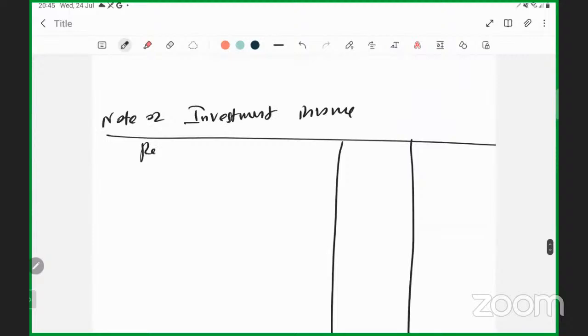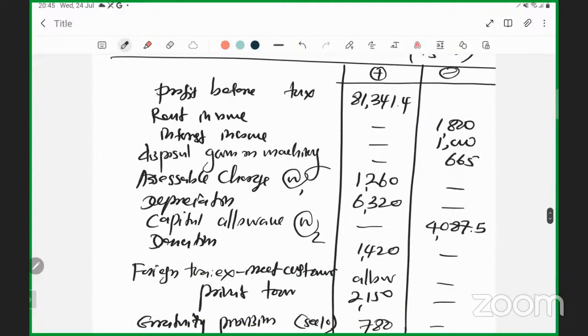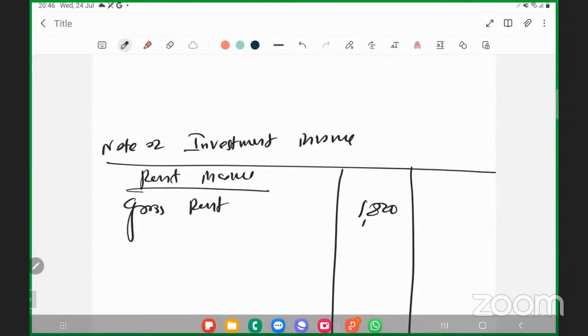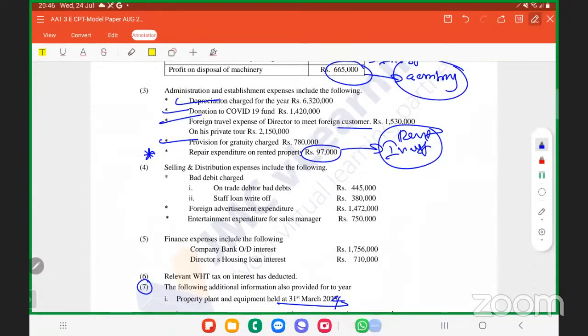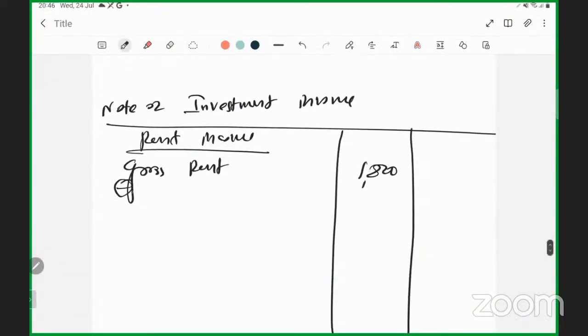So here we can do that on the rent income. How much is the gross rent? The gross rent, can you remember we removed from the business income 1.8 million? Right? Is there any rates paid? No, nothing given in this case. Therefore, here you can deduct the repair because this is not an individual.